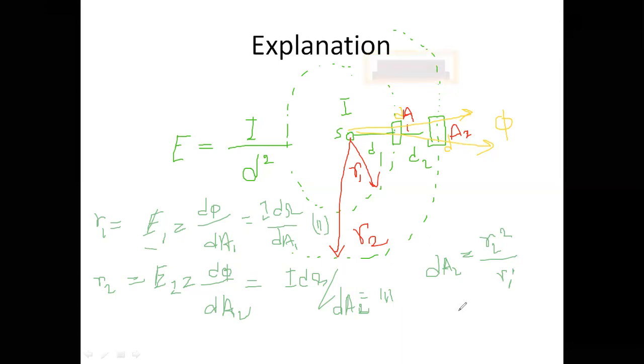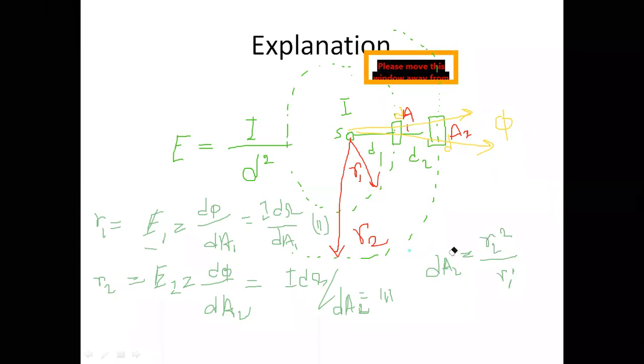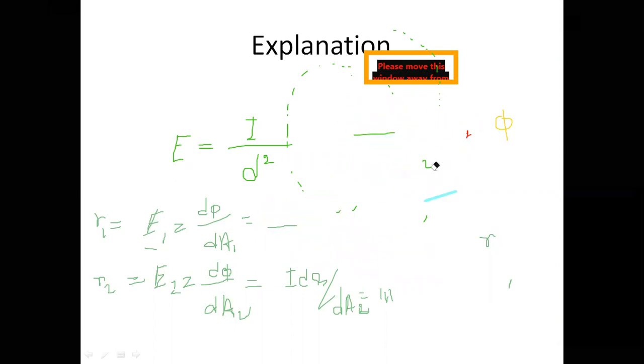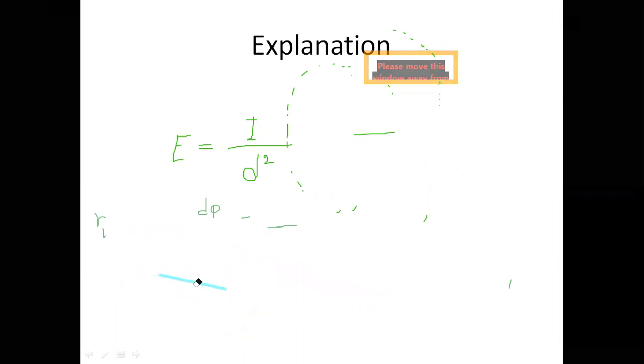So if we put the dA2 value, what happens? E2 equals I d omega by dA2.